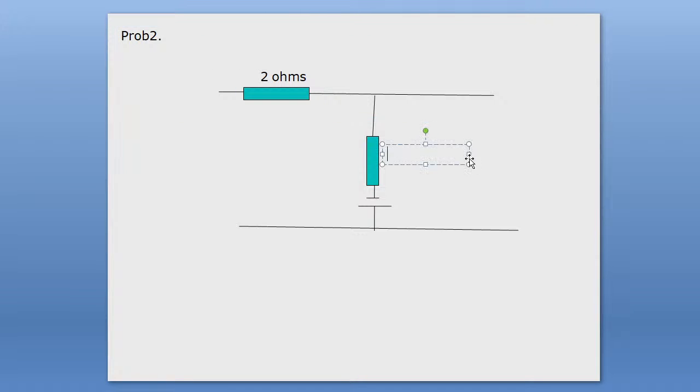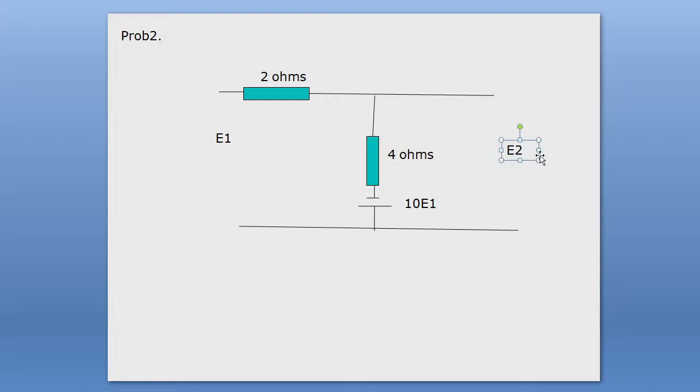This one is 4 ohms, and this supply voltage is 10 E1. This side voltage is E1, and port 2 is E2, and the currents are I1 and I2.